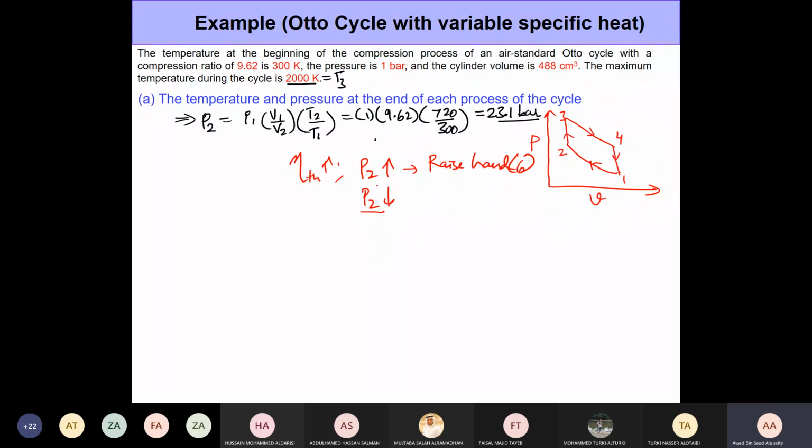Everyone who thinks we need to reduce the pressure at stage two, we need to reduce P2 to increase thermal efficiency, please raise your hand. So we have about four guys saying that, okay, that's a total of 10 people.